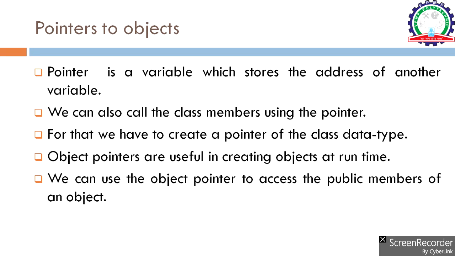We can use the object pointer to access the public members of an object. That means as we are accessing the public data members of a class using an object, in the same way we can access the public members of a class using the pointer to the object.